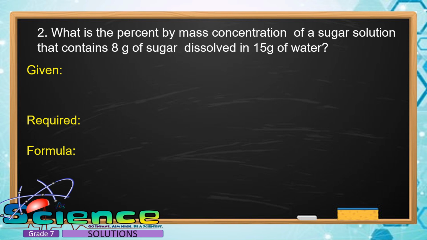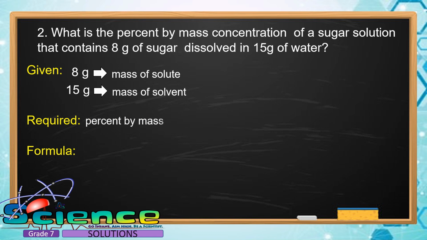In this problem, we have 8 grams of sugar or the mass of solute and 15 grams of water or the mass of solvent. What is being asked is percent by mass.